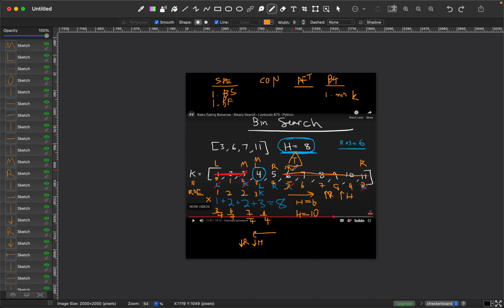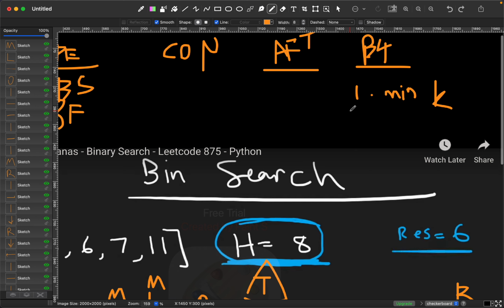But in terms of this question specifically, I think the complication comes down to identifying that it does use binary search, and the calculating of the rate of eating, right? I think that is the more complicated part.